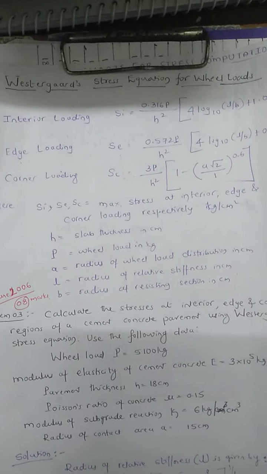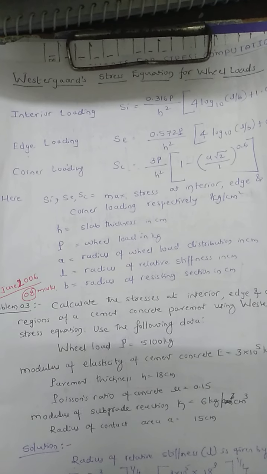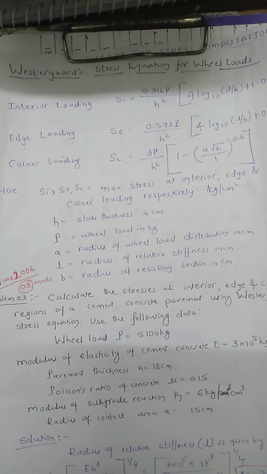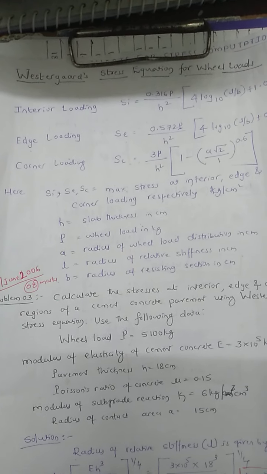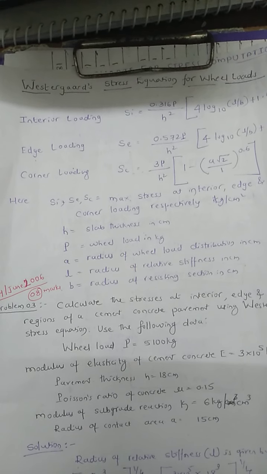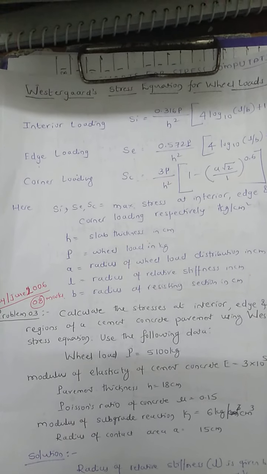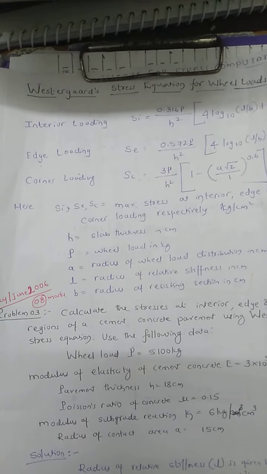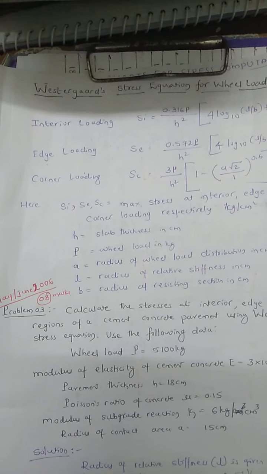He considered three typical regions of cement concrete pavement slab for the analysis of stresses, that is interior, edge region and the corner regions. These are the three regions he considered for the concrete pavement slab stress analysis.